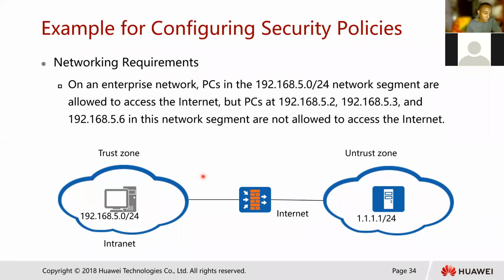So what happens? You have this trust zone and this untrust zone, which is maybe this server being accessed over the internet. So all these computers in the network are allowed to access the internet, but there are a few computers within the same network segment that are not allowed to access the internet.